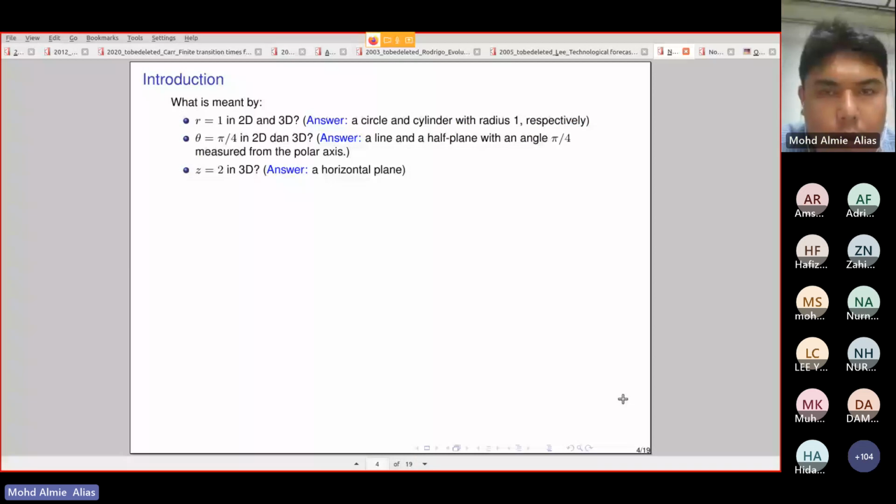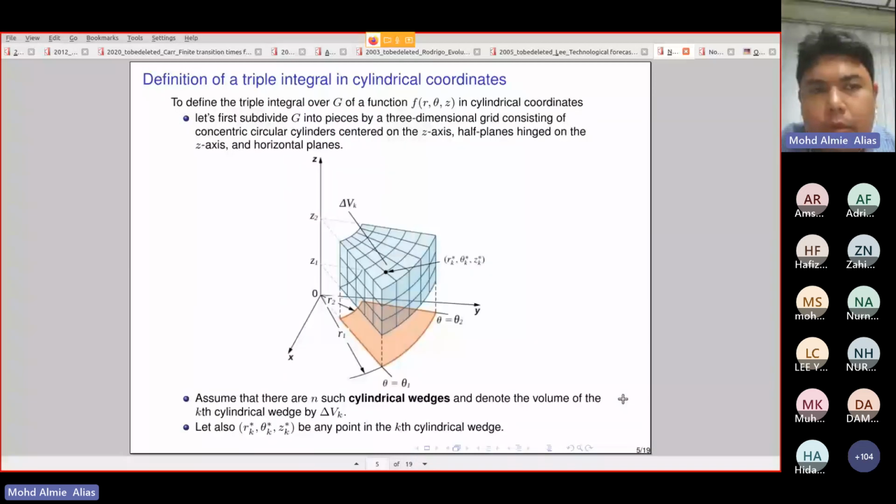Okay. So it's what we've seen before when we want to define triple integration or double integration. We discretize, or we divide our domain, or our region, or now our solid, into smaller parts. Let's say you have a wedge here, and you divide it into smaller parts.